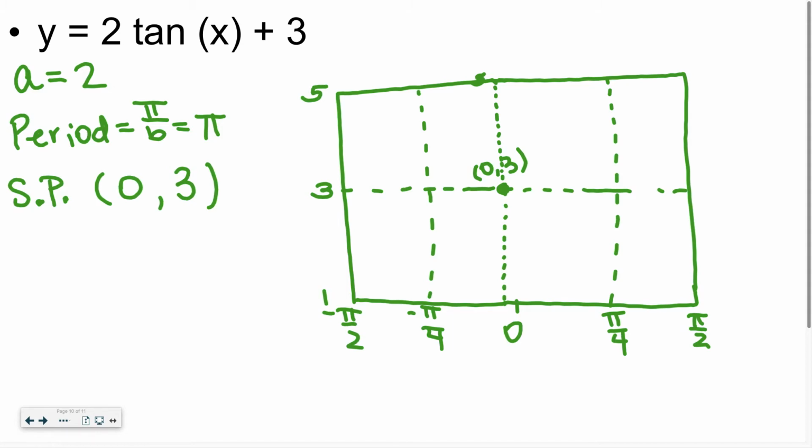On the very edge is where you would draw your asymptotes. So we have one asymptote here at x equals negative pi over 2. And then on the other edge, we have an asymptote at x equals pi over 2.